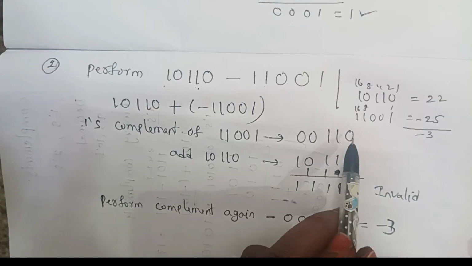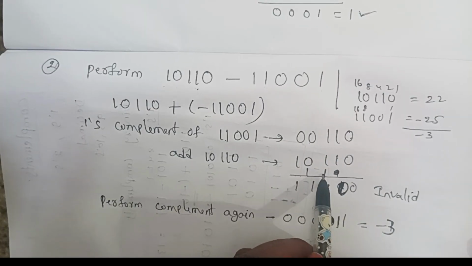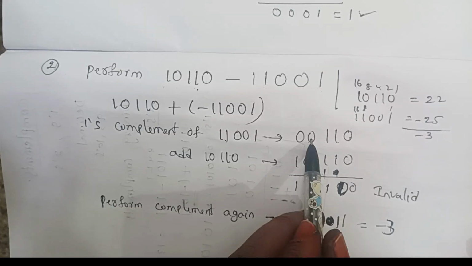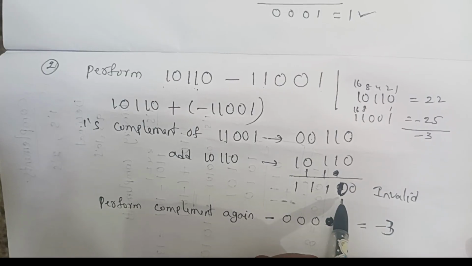Adding these two: 0 plus 0 is 0; 1 plus 1 is 0 carry 1; 1 plus 1 plus 1 is sum 1 carry 1; 0 plus 0 is 0; 0 plus 1 is 1; again 0 plus 1 is 1. We got 1 1 0 1 0.